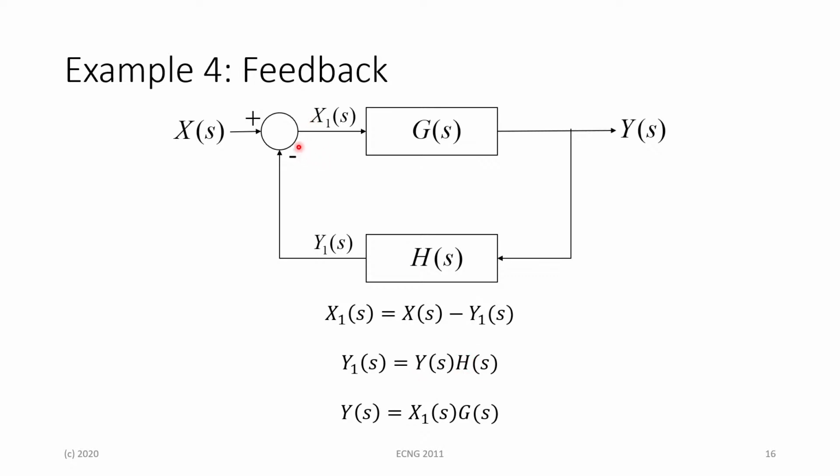Now we consider our feed forward path, because we're already taking care of our feedback path, and figure out what y of s is in terms of only this feed forward path. We consider the output of the summation junction moving towards y of s. We have this x1 of s signal going into our g of s, and that's a multiplication. So y of s is just going to be x1 times g of s.